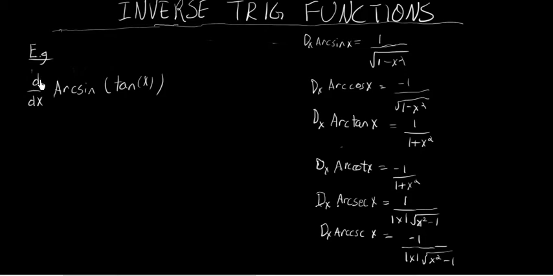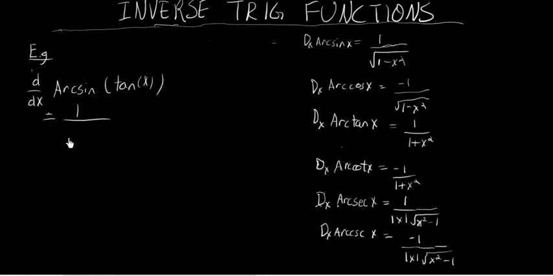In this next example, we'd like to find the derivative of arcsine of tangent of x. And so we're dealing with the derivative of arcsine of u, wherein u equals tangent of x. And this equation tells us that it's going to be 1 over the square root of 1 minus u squared times du dx, of course.